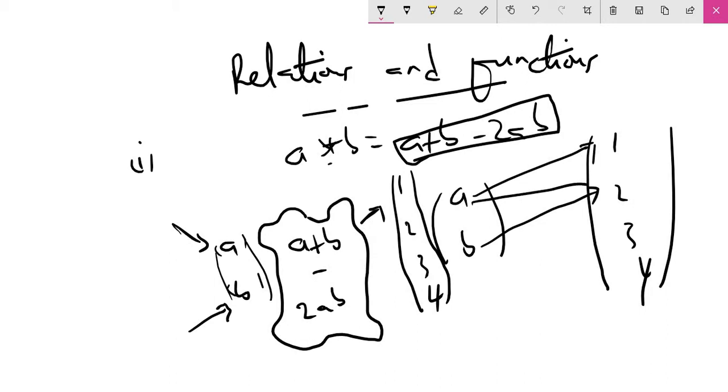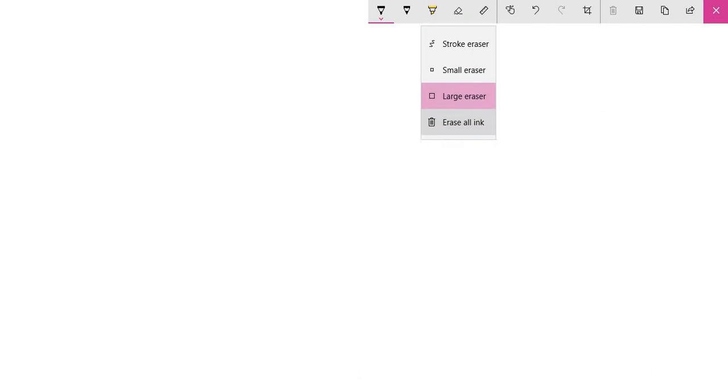A could also map to that, but then we'll talk about when a particular mapping can be called a function and when it can't be called a function. Okay, and so on and so forth. So this is mapping, basically.